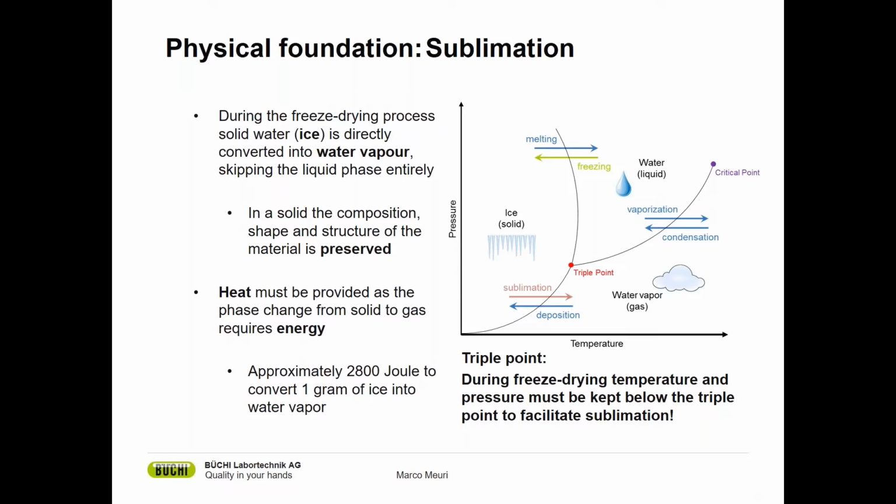Even though it happens at low temperatures, it consumes quite a lot of energy to sublimate ice into water vapor. So 1 gram of ice to be sublimated consumes about 2,800 joules of energy, which is quite a lot and which somehow needs to be supplied to the system. And this is something we will have a look at on a further slide.